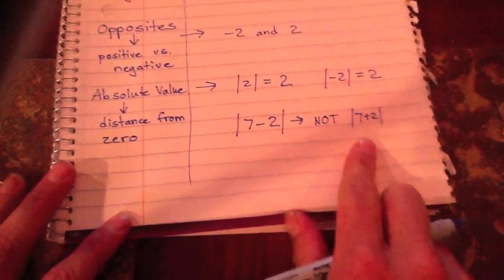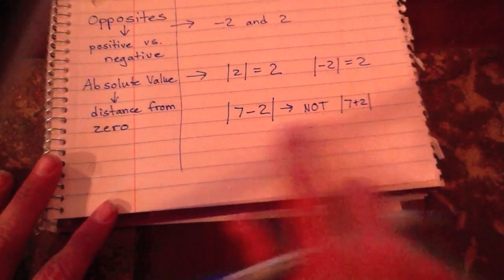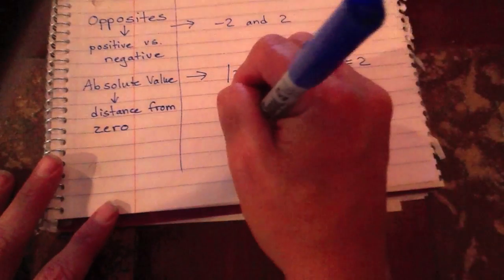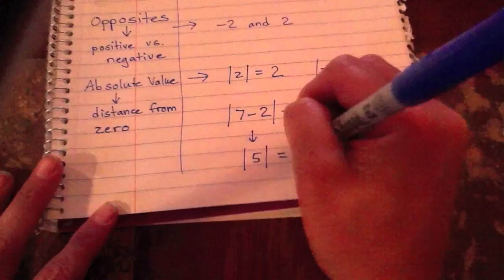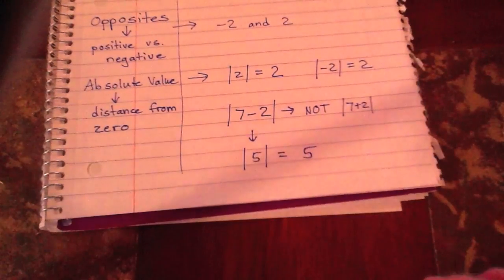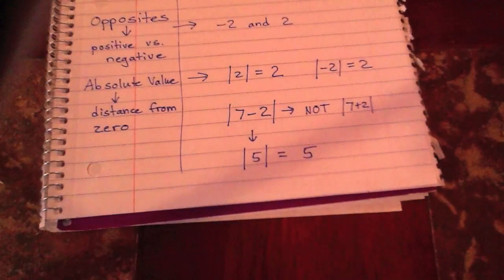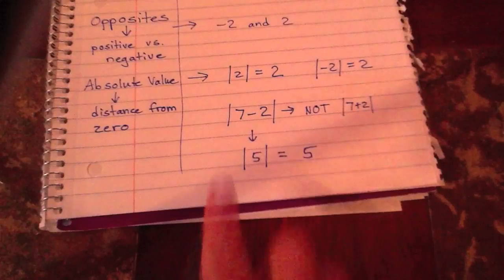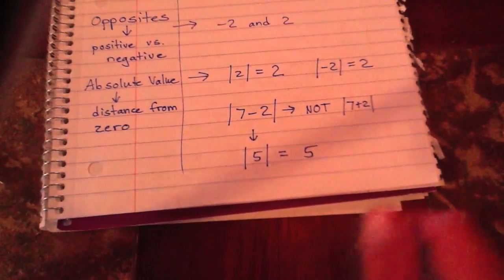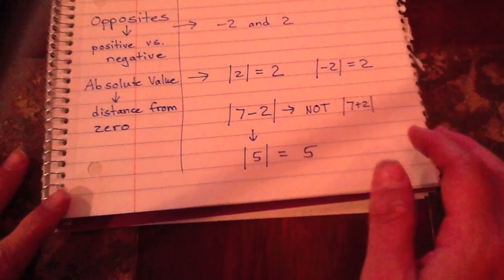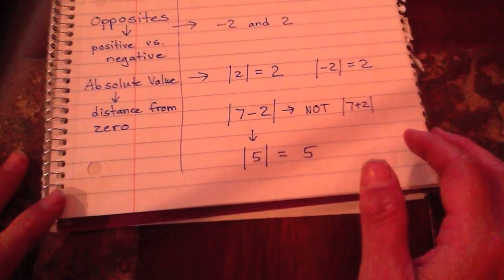I see a lot of students try to do that. It's not that. You actually simplify, so I get absolute value of 5, and then I end up with 5, and that's my final answer. So always simplify within there first, then take a positive final answer. So that is lesson 1-3, and we will go over more of this tomorrow.